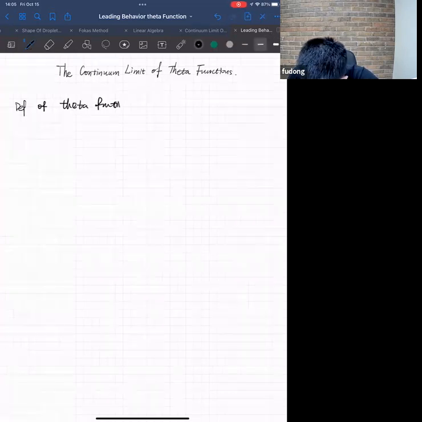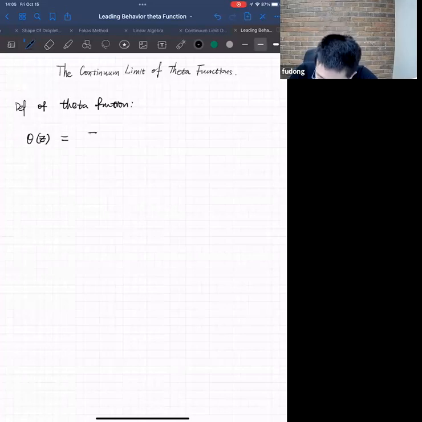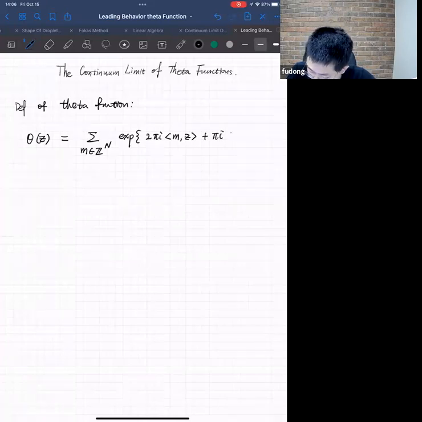Define this: summation over all integers m of exp of two pi i m·z plus pi i m·Bm.